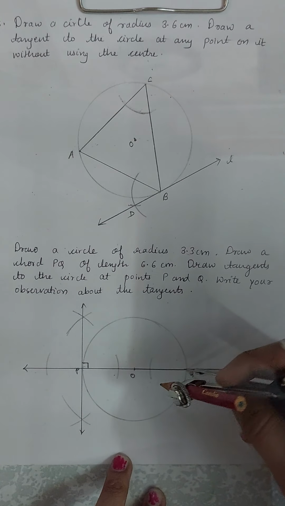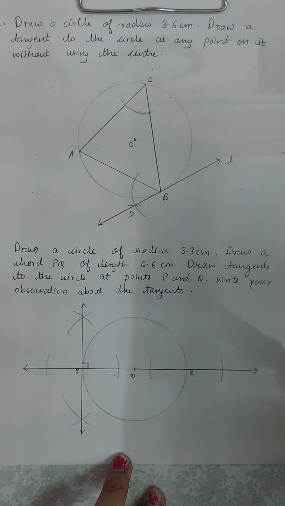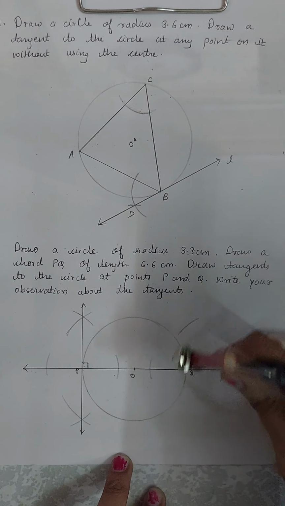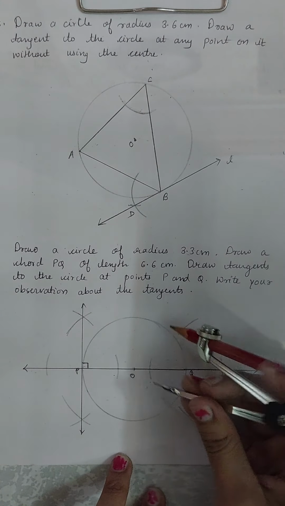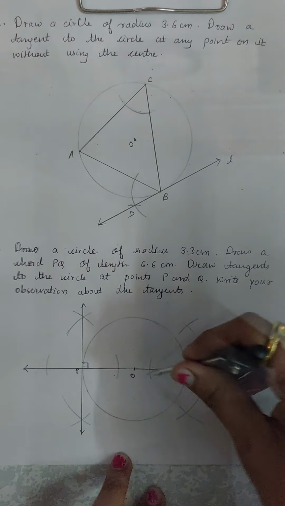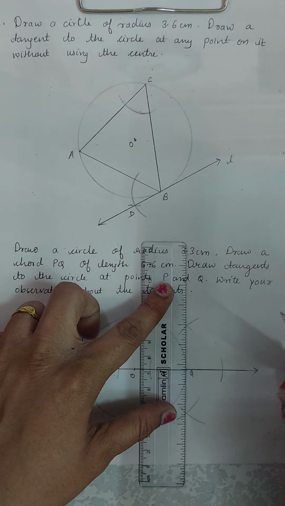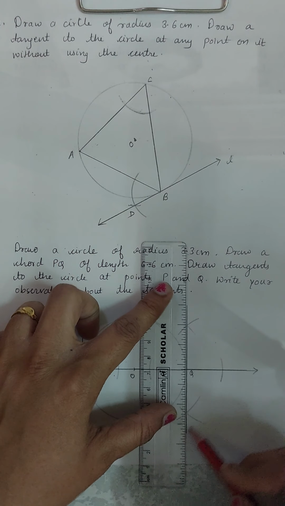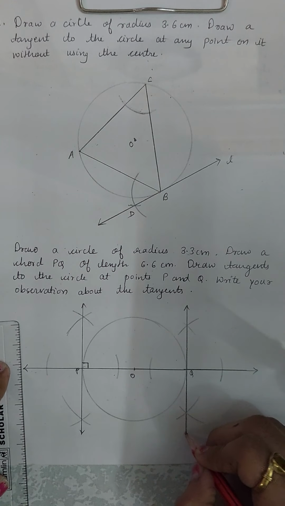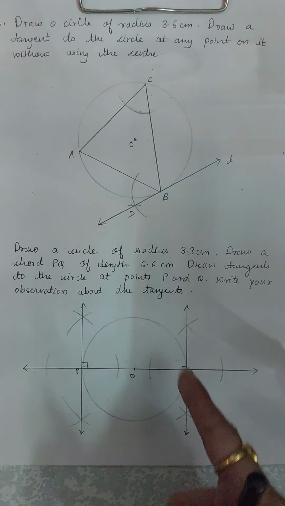So here one arc, here the other one, then I will draw arcs above the line and below the line. Okay, so these are the two tangents which we drew, and this is perpendicular to the radius. So this was your third and the fourth sum.